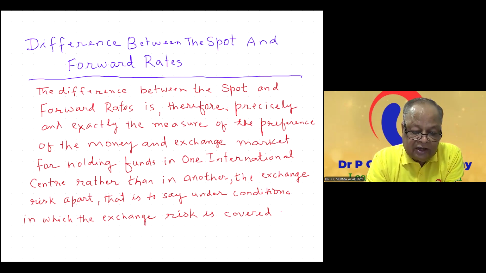So transactions in a spot exchange are for cash. That is to say, cash in one currency is exchanged for cash in another currency. But in case of a forward contract, it is for the conclusion of a spot transaction at a later date, fixed on the basis of the spot rate prevailing on the original date.